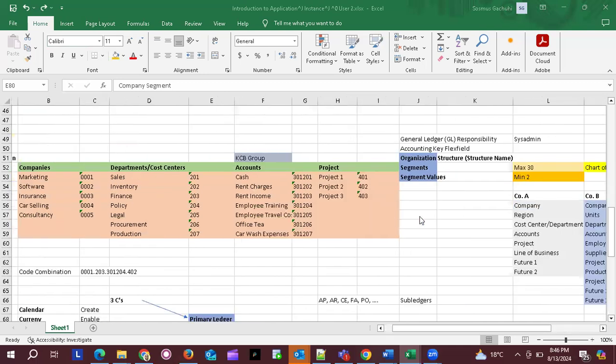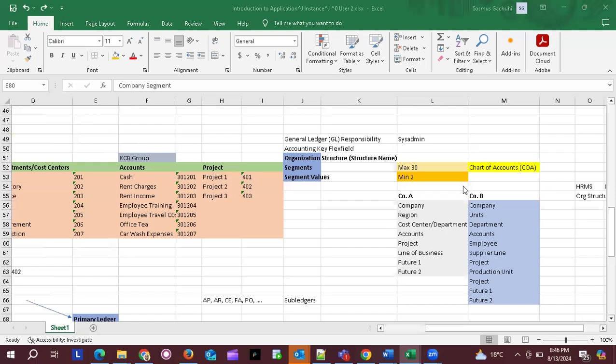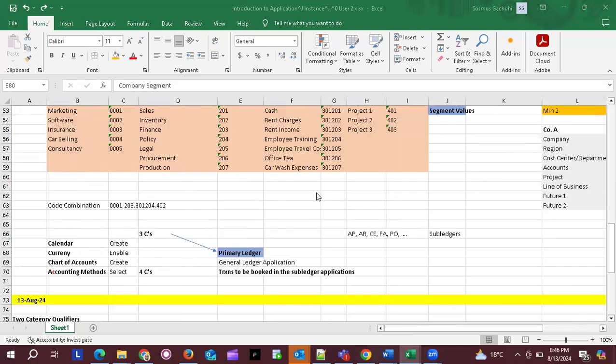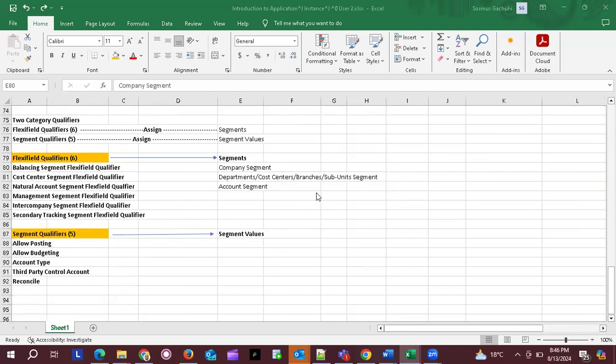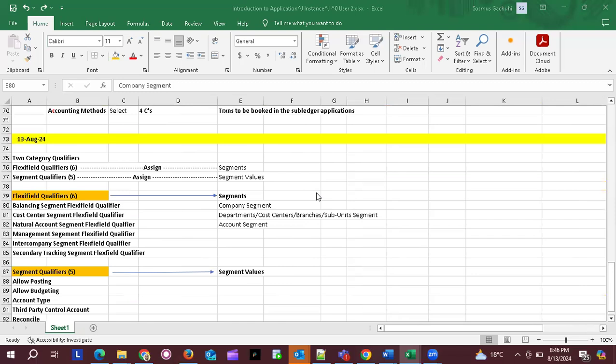The chart of accounts is very important because this is what will help you know how you will be mapping, or how you will be defining or designing the system each and every time you are with a client or you have a new project.